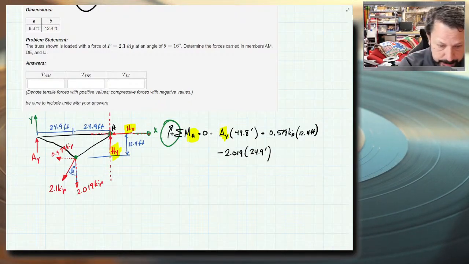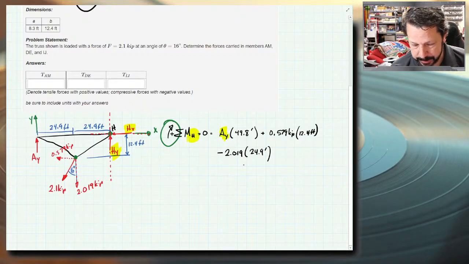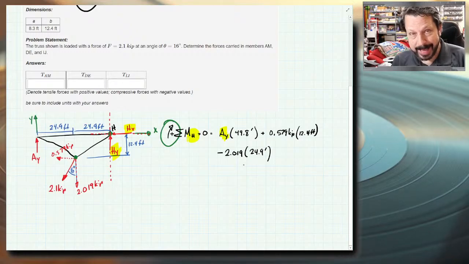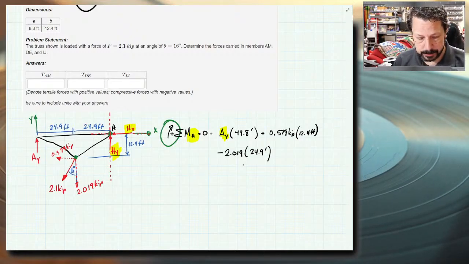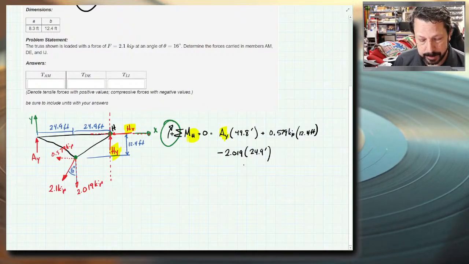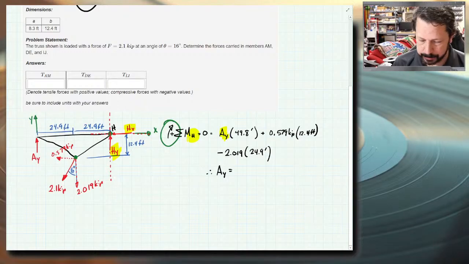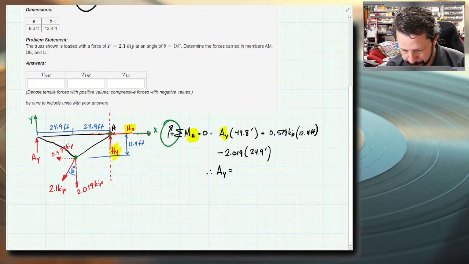And at this point, we can solve this equation that I just wrote because the only unknown in there is AY. That's why I chose to do summation of moments about point H, because I knew that there would only be one unknown. I'd have some things that I did know, and I should be able to solve for it. So let's see if we get, well, we won't know if we get this right. Let's just see what it is.